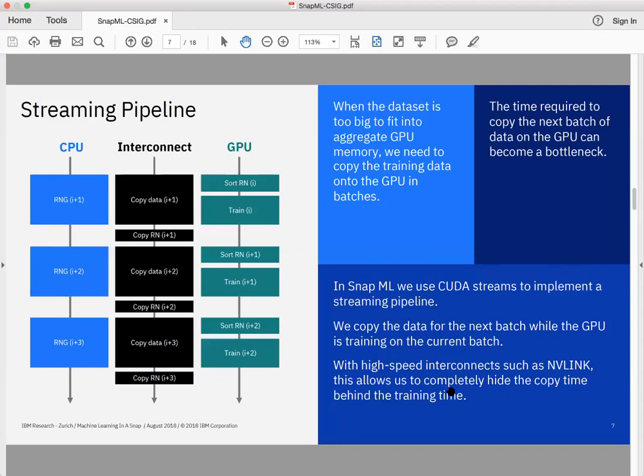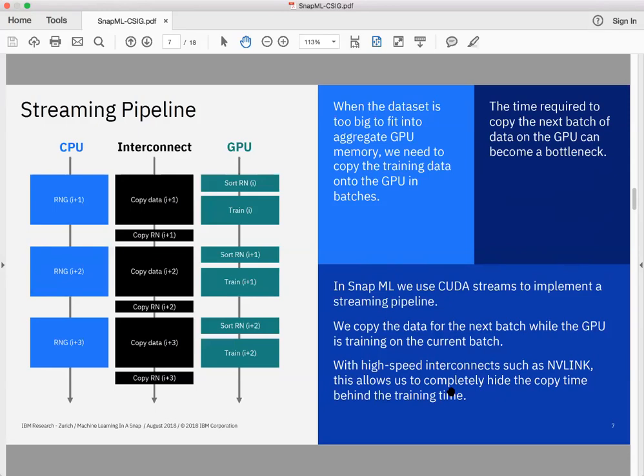And we leverage some of the features provided in the NVIDIA CUDA toolkit to pipeline the GPU training. So what that means is that at any given time, the GPU is training on the current chunk of data, while at the same time we're copying asynchronously the next chunk of data into the GPU memory.